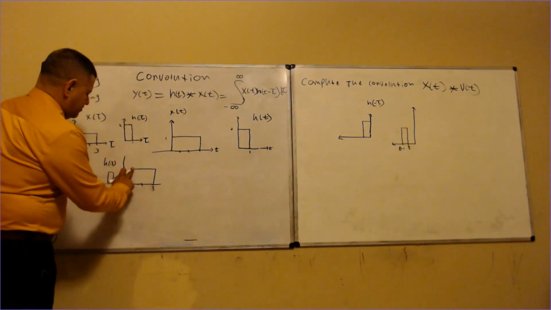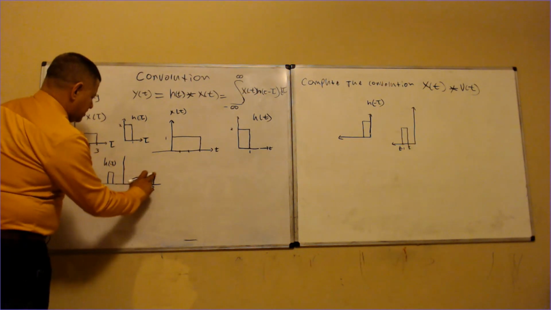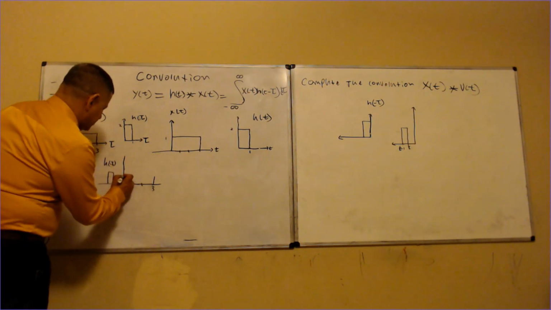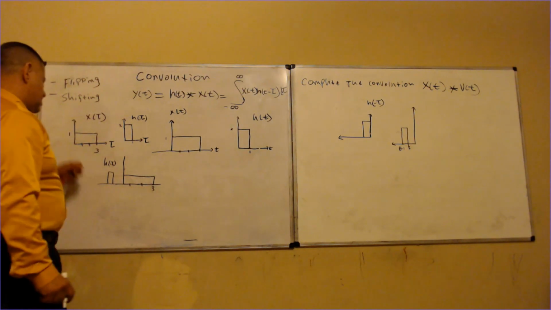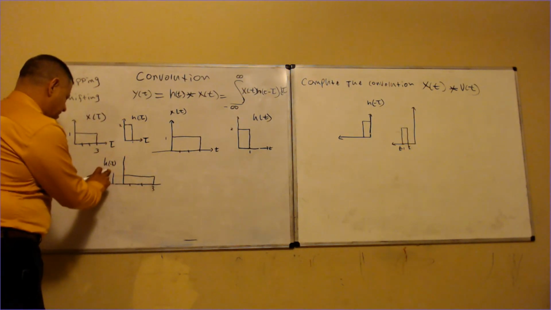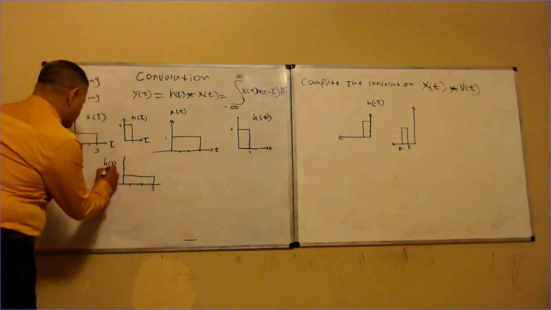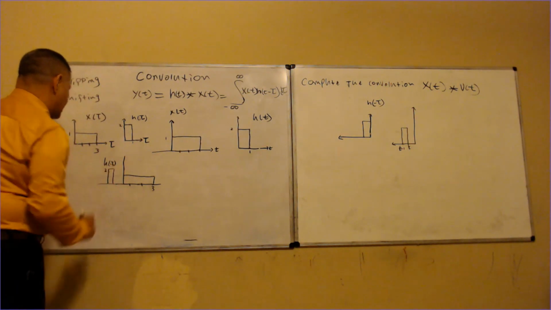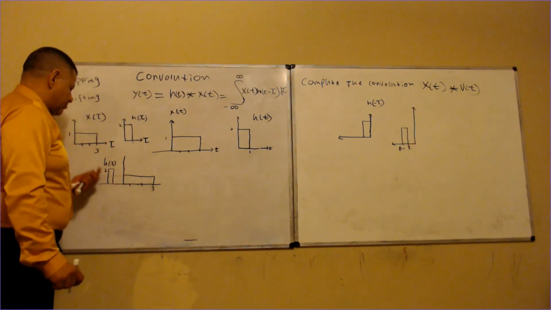Matter of fact, this is supposed to be a little lower. But this is 1, and the other one is 2. I slide it forward, so now this is 0.